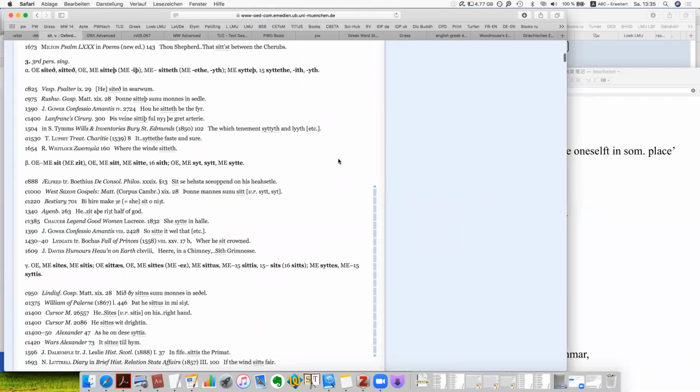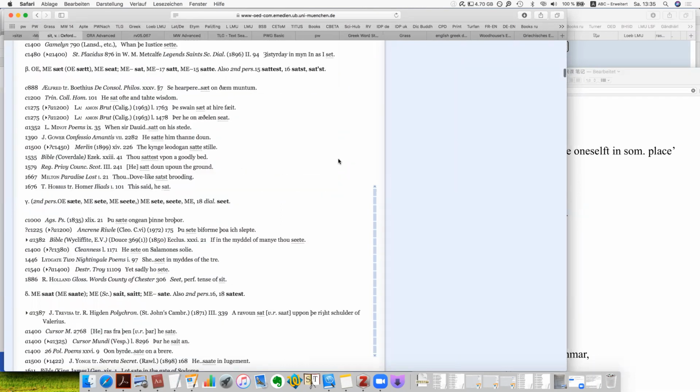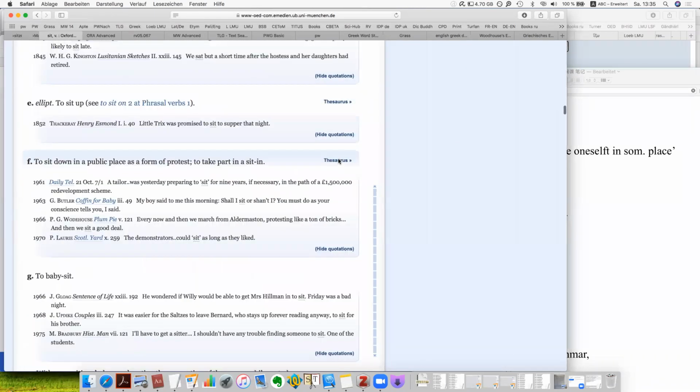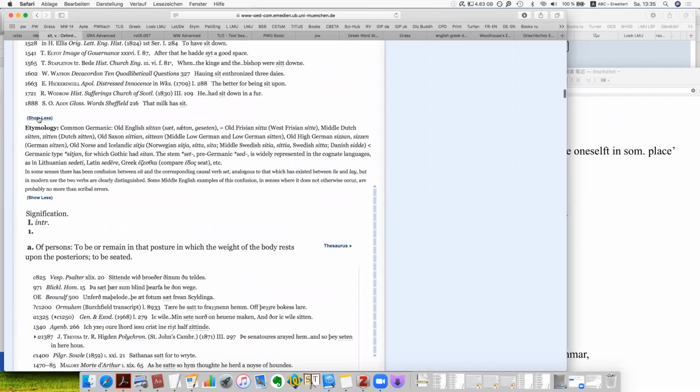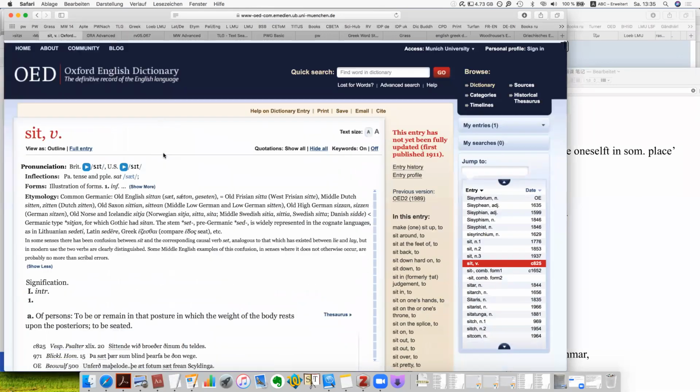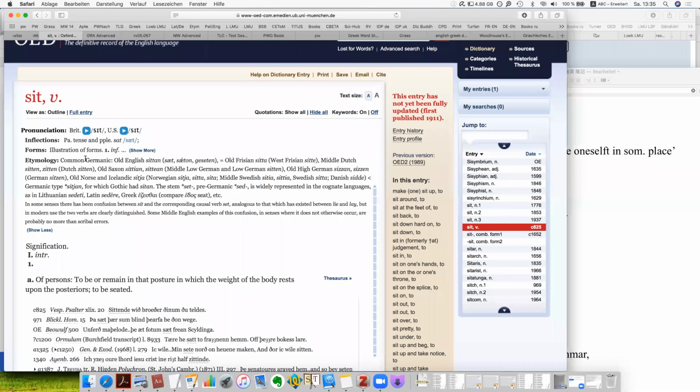Oh, it's a long list of forms. Sorry, there are too many forms. Sit is quite popular. Old English is sitan with double T, which is very important. Old Frisian is also sitan with double T. And Gothic is called sitan, but it comes from the Germanic form sitian.